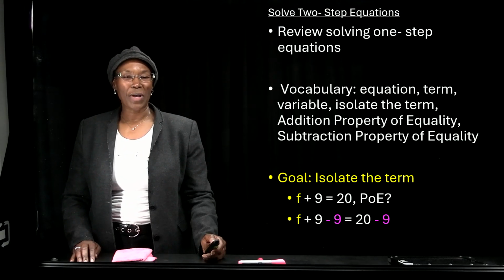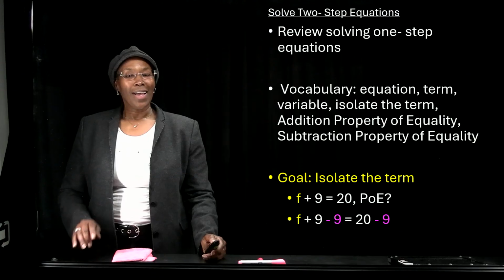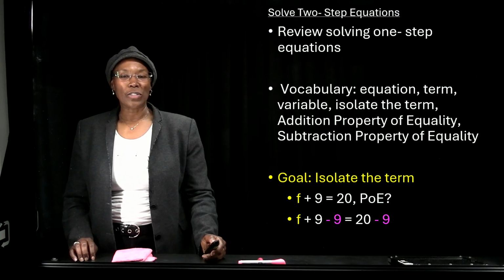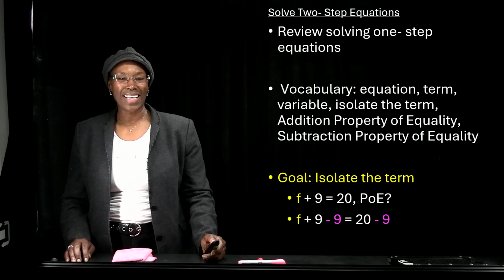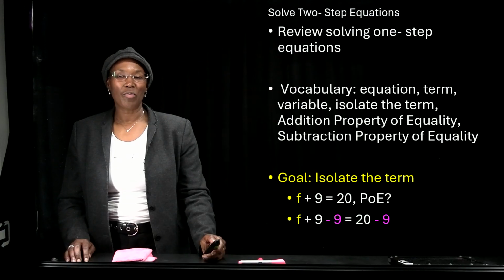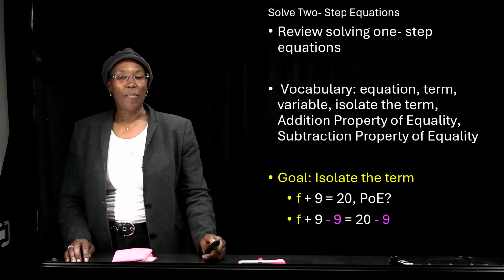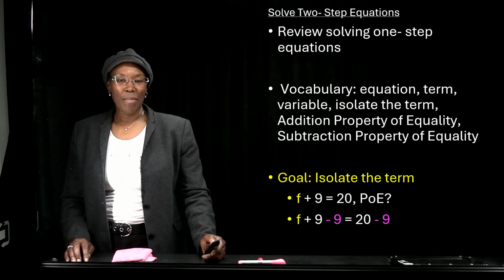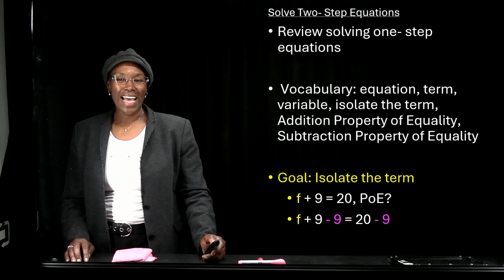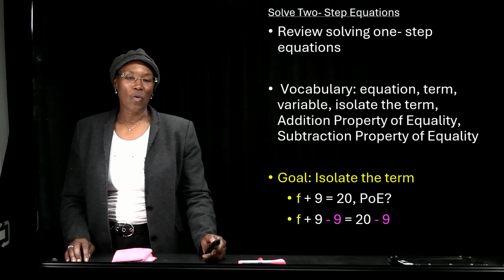Once we apply our subtraction property of equality rule, reminder class, the first line always falls. So on our left side, f plus 9 falls to my second line, and right behind it, we apply our subtraction property of equality. I put minus 9 on the left, bring down my equal, my 20 falls, and minus 9 also goes on the right side.